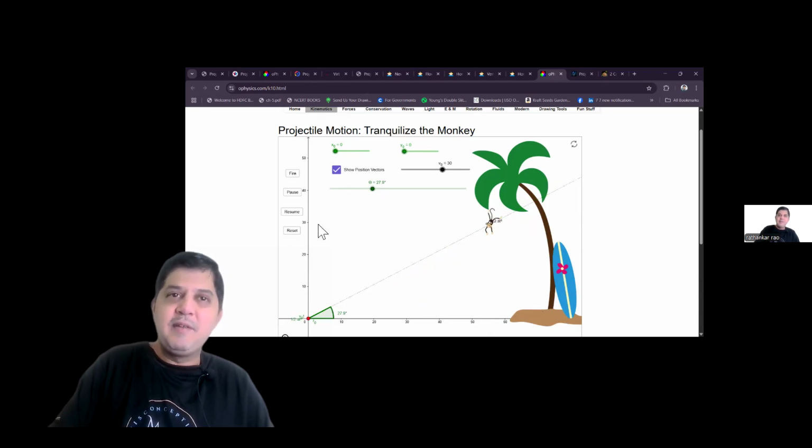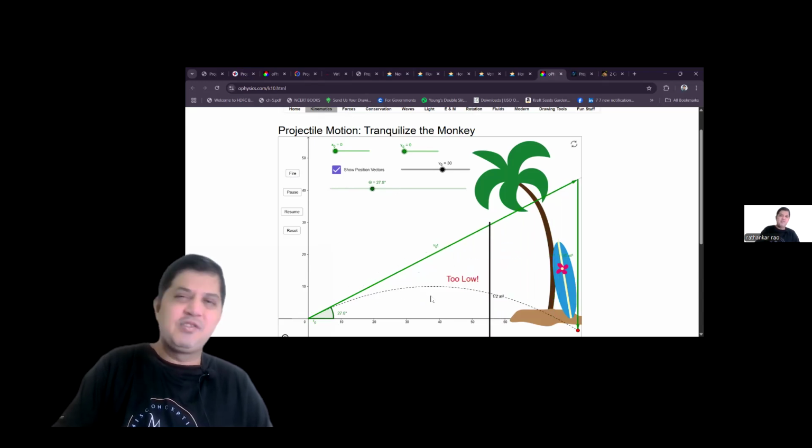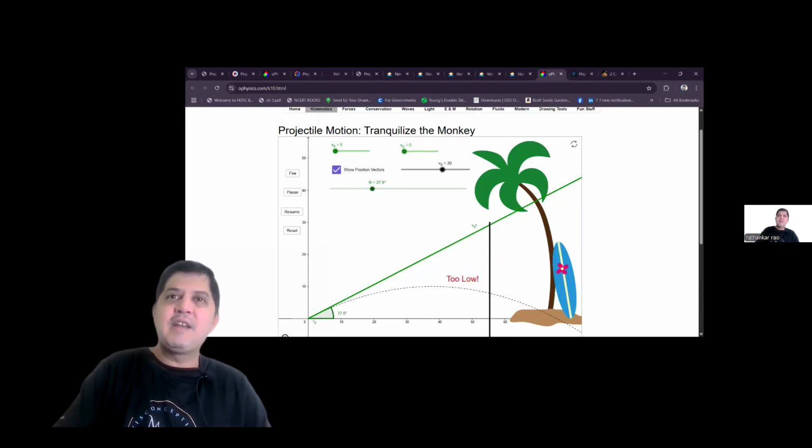Let me reset this and change the angle, so somewhere around 27.8. Now look at this red dot. Exactly, it almost hit it. So you can ask the students to do this and see how it works.